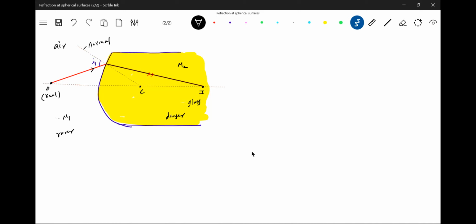Now this is the incident ray, this is the refracted ray. As the ray moves from rarer to denser medium, the ray should bend towards the normal. So the angle made by the refracted ray with the normal will become the angle of refraction. Let it be I2.